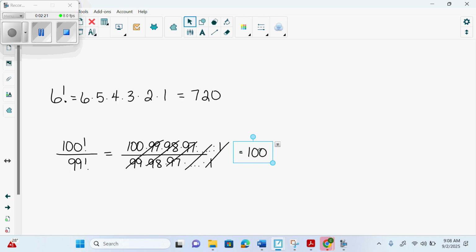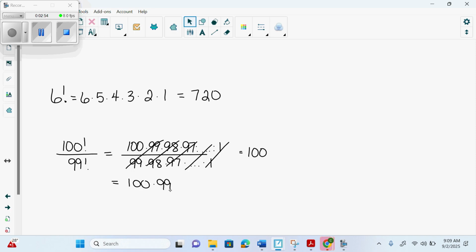Now, times dot dot dot times 1 is not really the best way of writing something mathematically. So what we could have done is start off with the bigger factorial. This is going to help us when we get to variables, which is in the notes. Start off with the biggest number first and expand it until it matches the bottom. So I could go 100 times 99, and then it would technically go times 98 all the way to 1, correct?